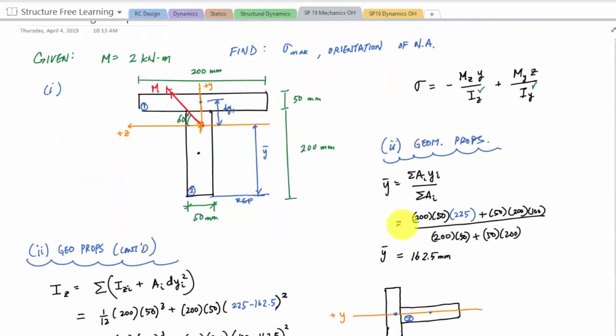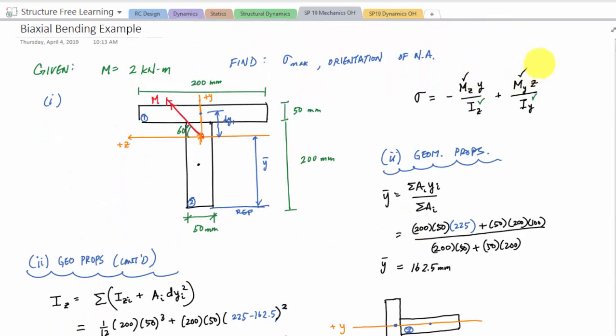So if I go back here, I have the moment components. So now the question is, which point on the cross section should I look at to determine my largest normal stress? I would say the top. Probably one of the corners, okay?